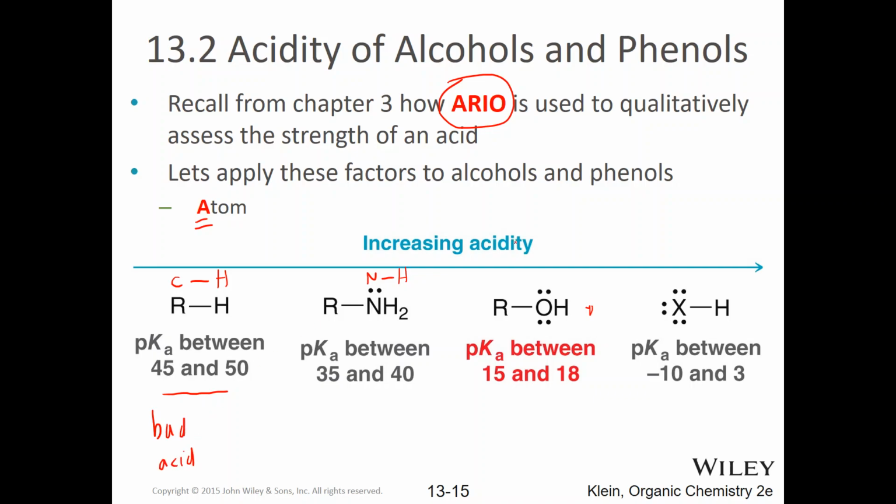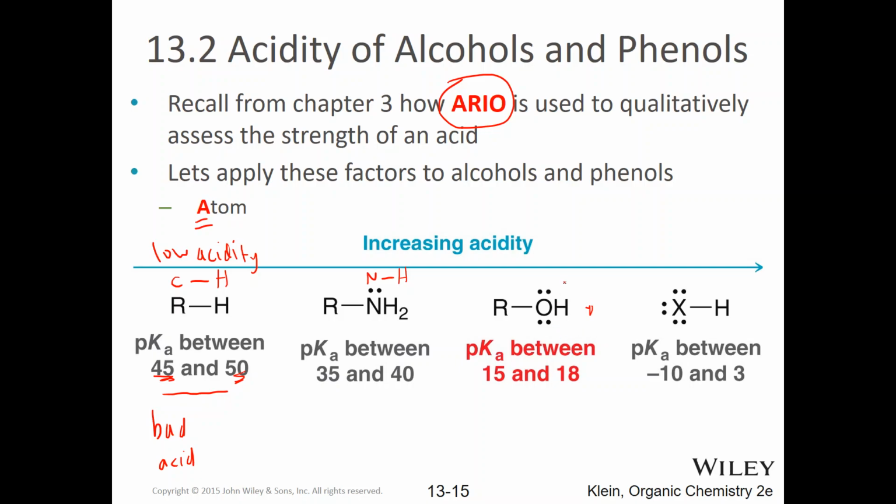Increasing acidity, so very low acidity, a pKa of 45 to 50. We're going to use these a lot. Now, if the hydrogen is bonded to a nitrogen, it's much better. That doesn't look a lot better, but it's 10,000 to 100,000 to a million times better of an acid. Still not a very good acid. These are such poor acids that we call them bases.